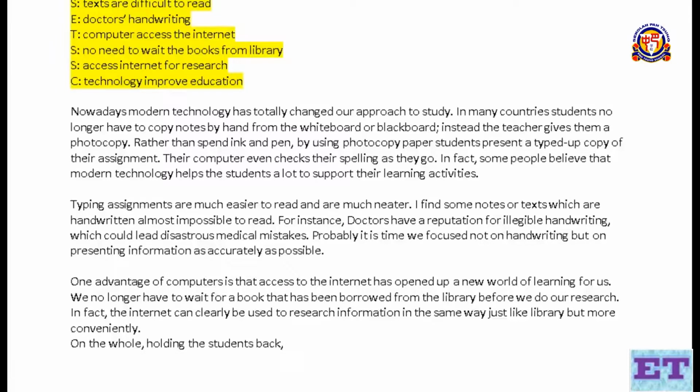So I believe, this is my personal opinion, I believe modern technology has actually improved standards of education considerably.